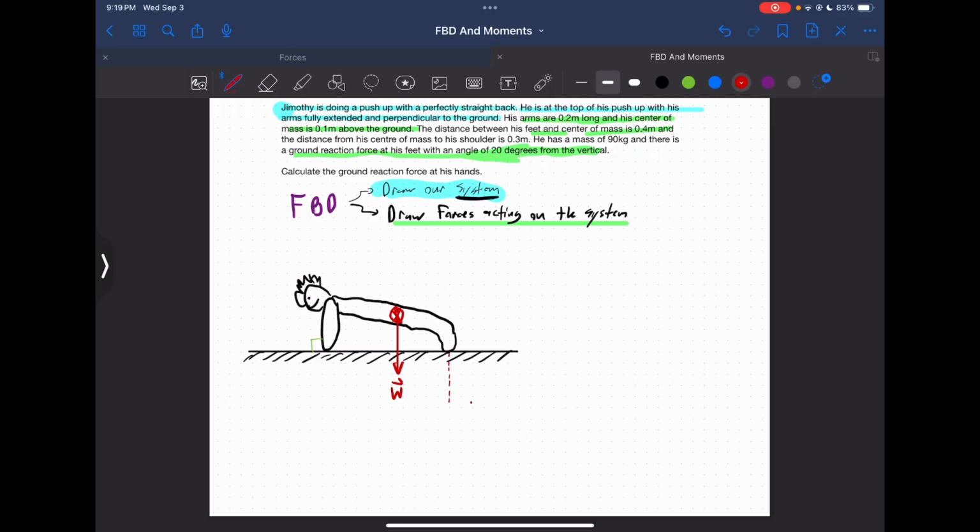Therefore, this force is going to be reacting because you have that friction force stopping your feet from sliding. So we're going to say this is the F ground reaction force, and that is 20 degrees from the vertical. And that 20 degrees can be drawn on this side. Both are correct. So we have that force.